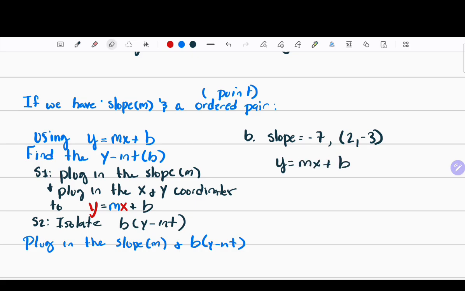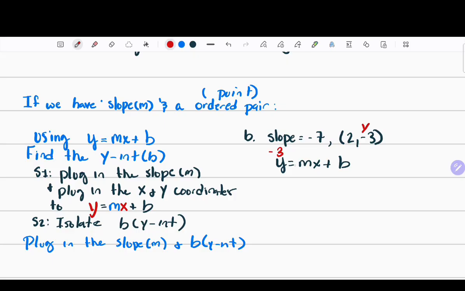Then it says plug in the slope and plug in the x and y coordinates into y equals mx plus b. So just right above it. What's our y? -3.